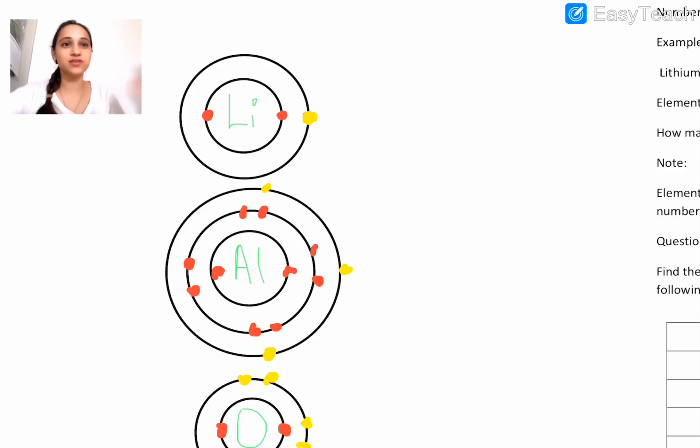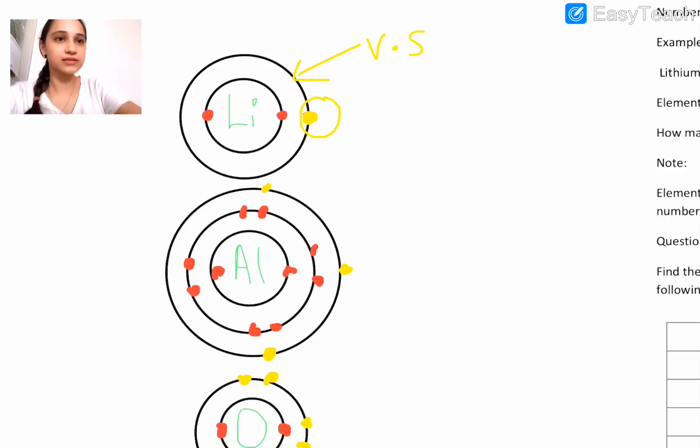Valence electrons are found in the outermost shell. So if we look at lithium here, that's the outermost shell. The last shell is called the outermost shell, and the electron found in the last shell is called the valence electron. So that's the valence shell, and this is called the valence electron.